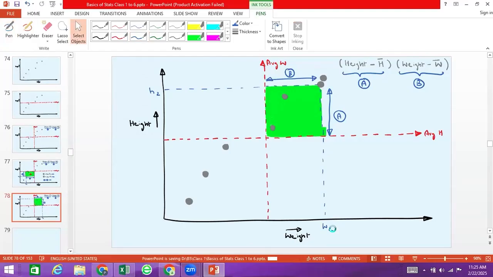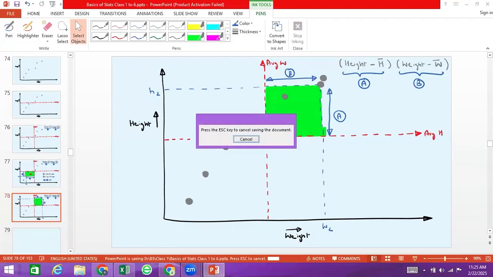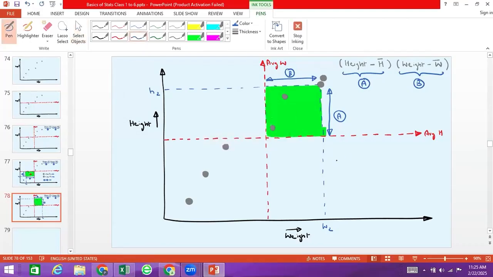So now the A which is there, that is H2 minus H bar, right? And what is B? W2 minus W bar. Now in this case, we need to see whether A will be positive or negative.